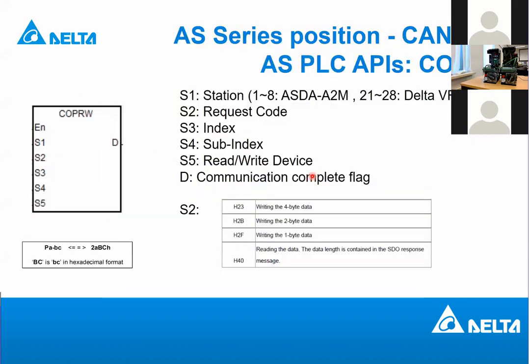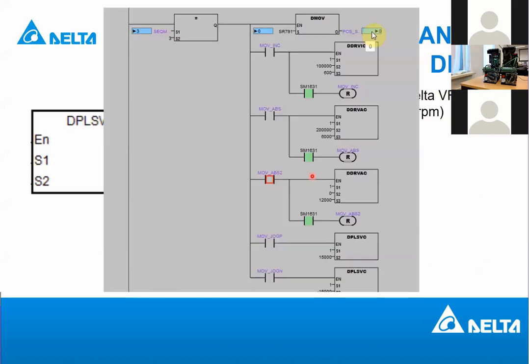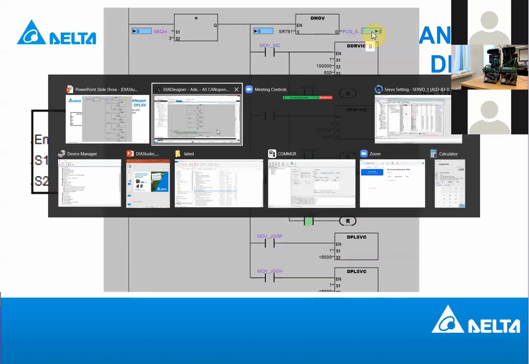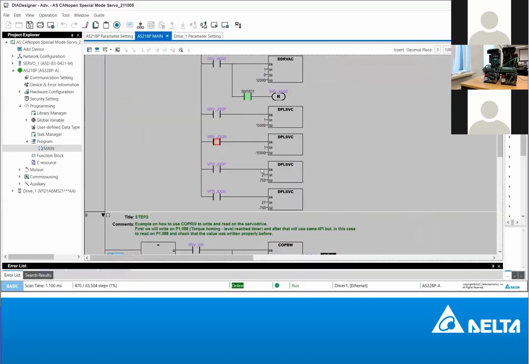So let's test the inverter. If everything is okay, we should see our inverter running. Now the station address is 21. It's the same thing we used for the servo drive, DP, LSVC, velocity movement, speed movement. This is for the station address of the inverter. So let's trigger this.